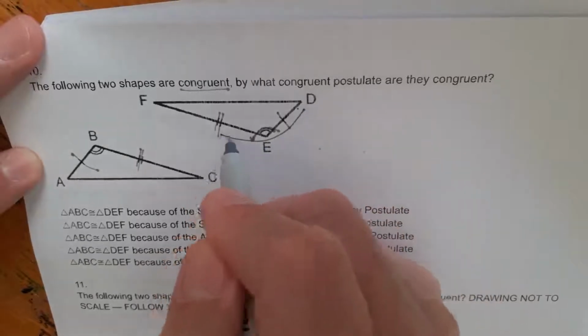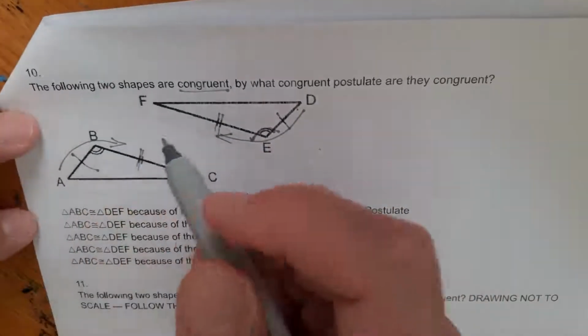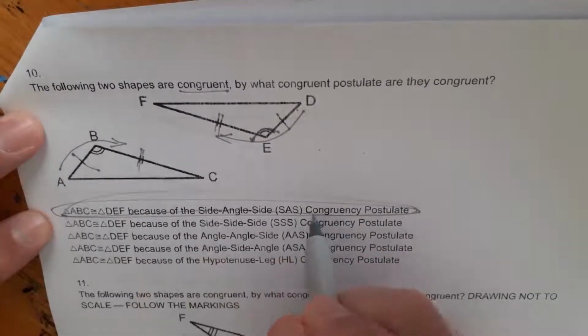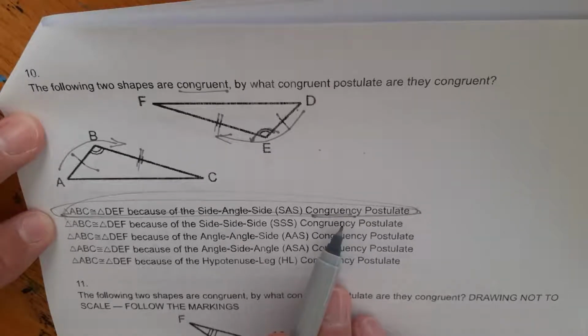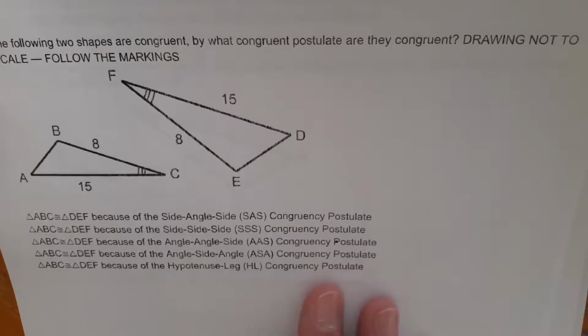So if we just went through in this order and went through in this order, it would be side, angle, side. So this is the side, angle, side, or SAS Congruency Postulate. We have to keep saying congruency because some of these are going to match up with similarity postulates, all right? Just to give you a heads up of what's coming in the future.